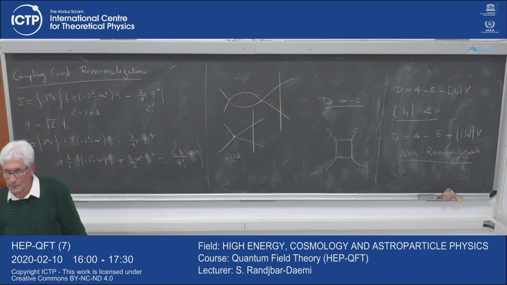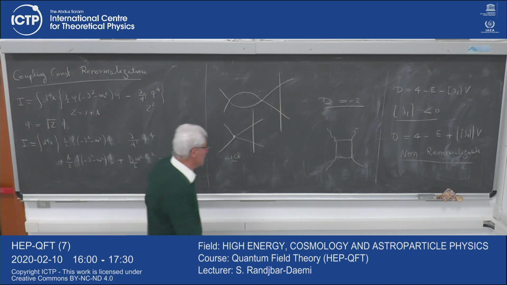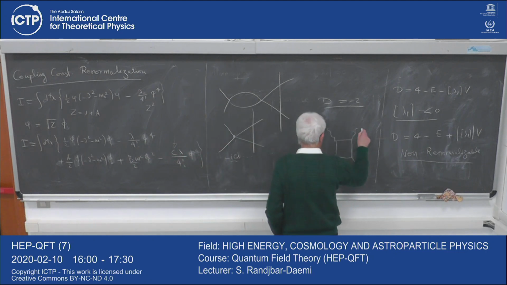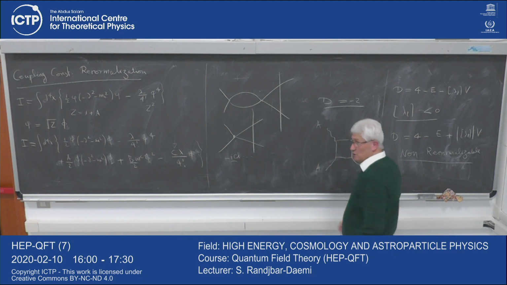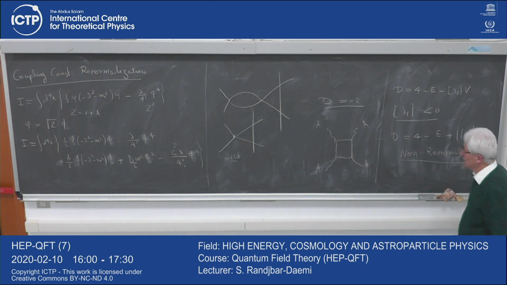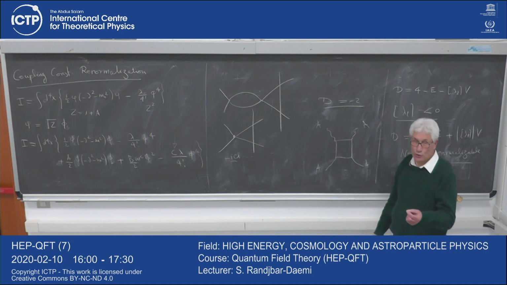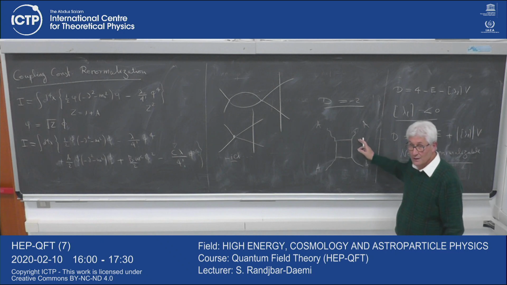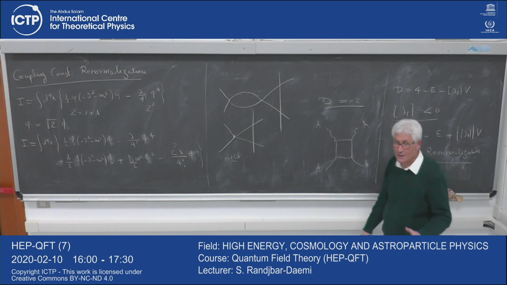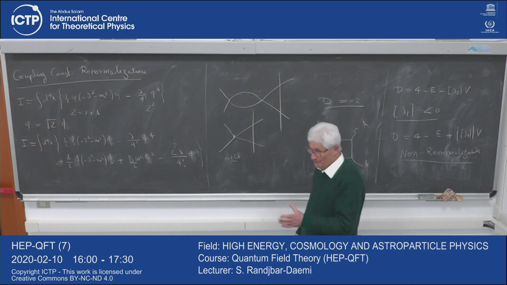But what happens is that these are vector bosons. So to be gauge invariant, they should come in a specific combination. We know that the combination in which they should come is F mu nu. That means this graph should go like F mu nu to the power 4.